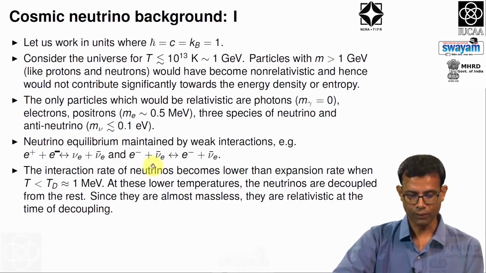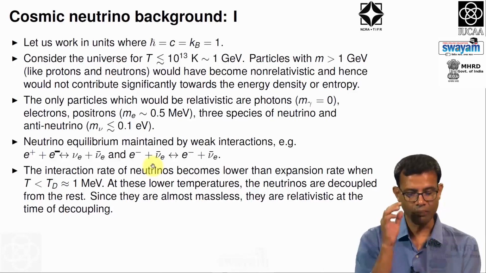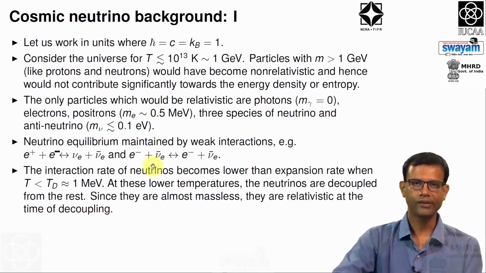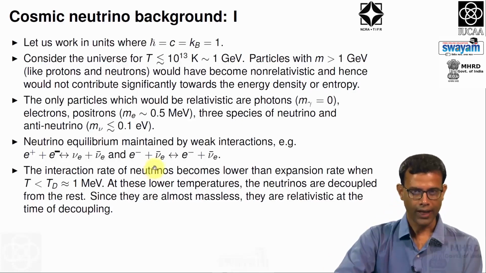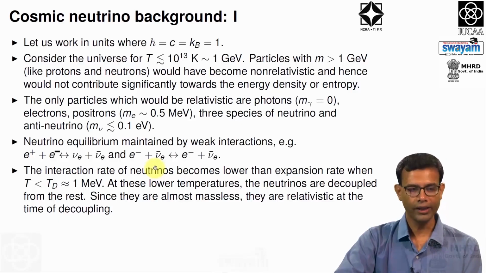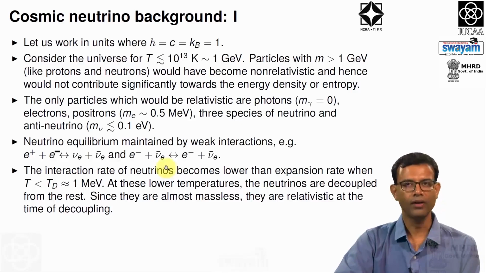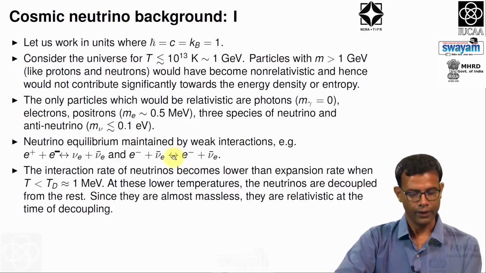Now, this would remain like this, except that as the universe expands, the densities go down. As you know, the rate of interactions depends on the density. If you make the particles or the collection of the particles more and more dilute, it becomes more and more difficult for them to interact.